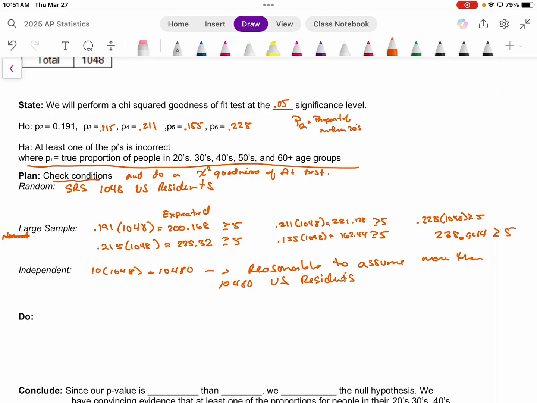And then now I'm ready for the do stage. So to find our chi-squared statistic, again, we said it was the sum of the observed value minus the expected, that quantity squared, divided by the expected. So this is what it would look like.